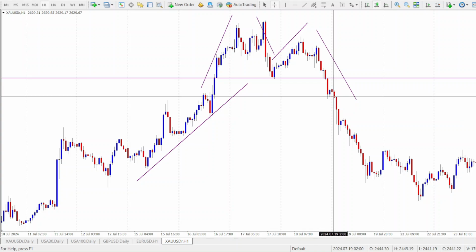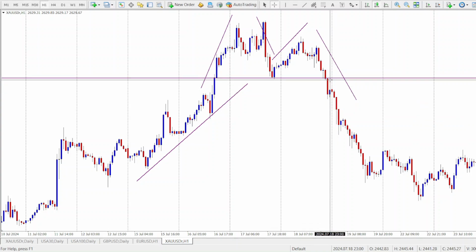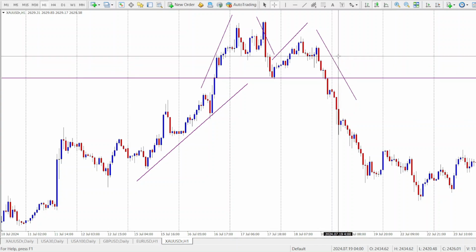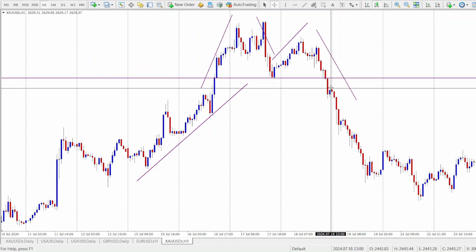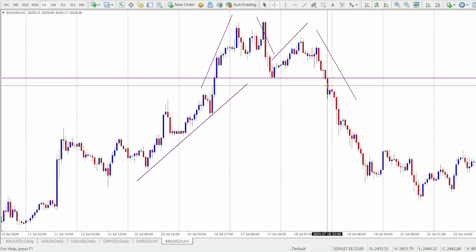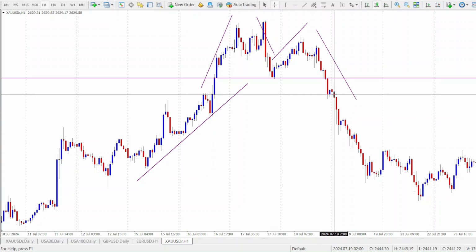But the reason why it is good to wait for a retest is that sometimes a false breakout can occur. If it was a false breakout and you just entered immediately, the price will start going back up against you. But if you had waited for a retest and then you entered, then you are good to go.